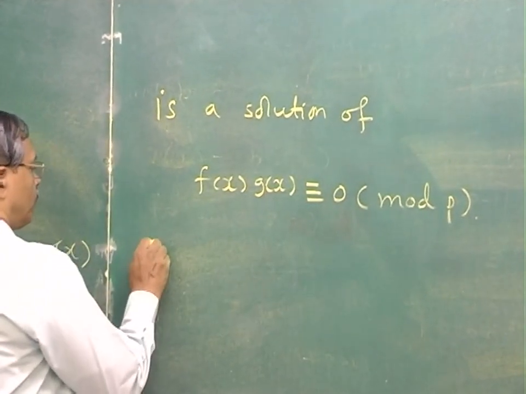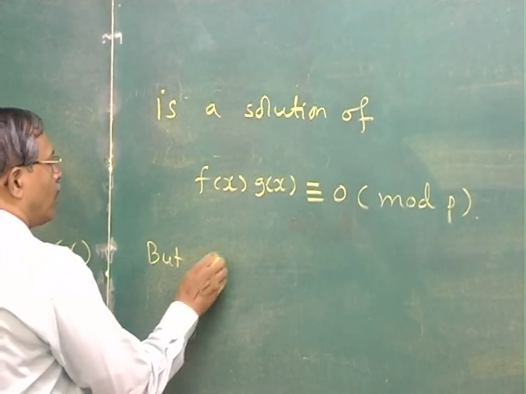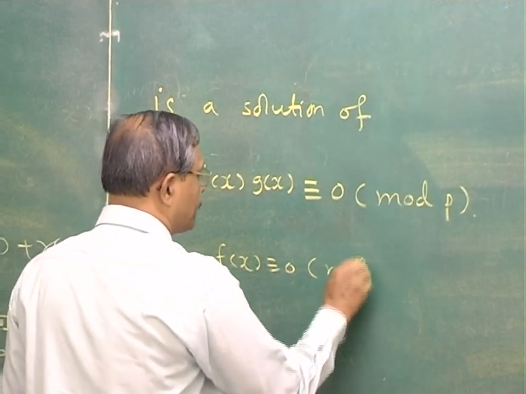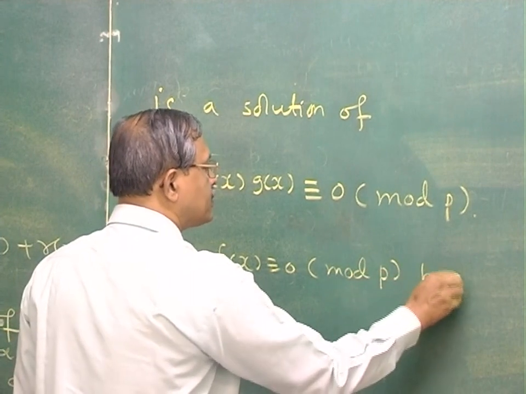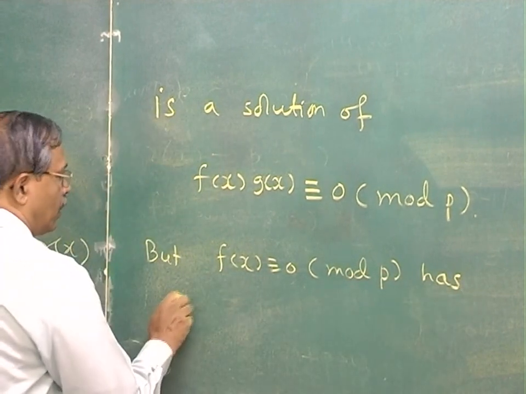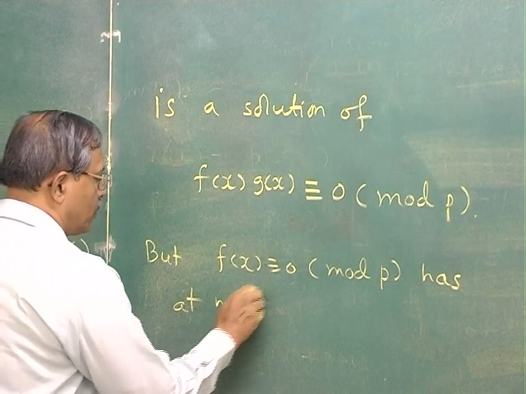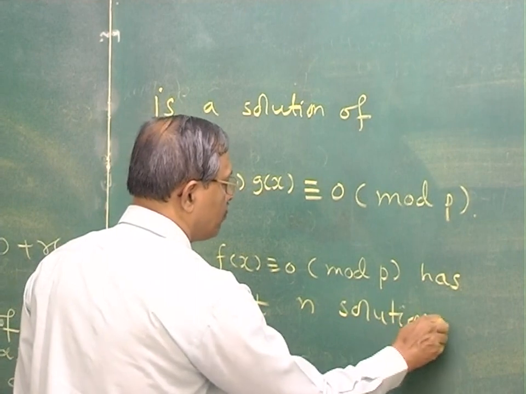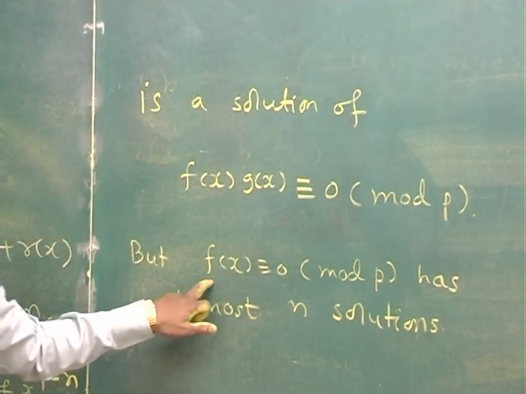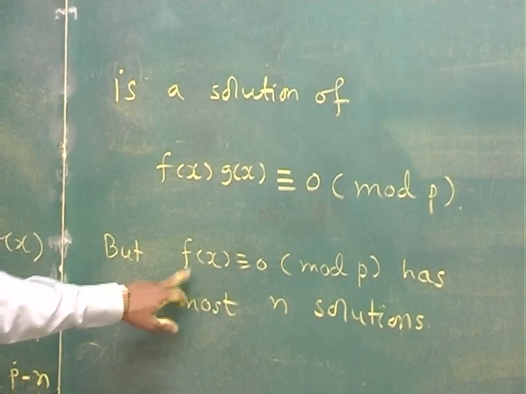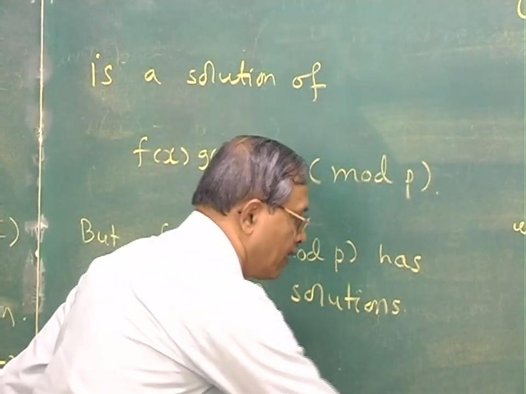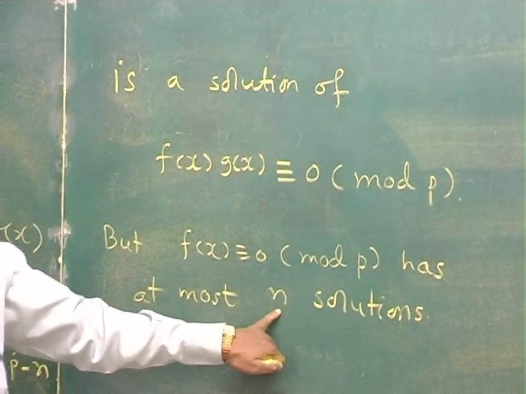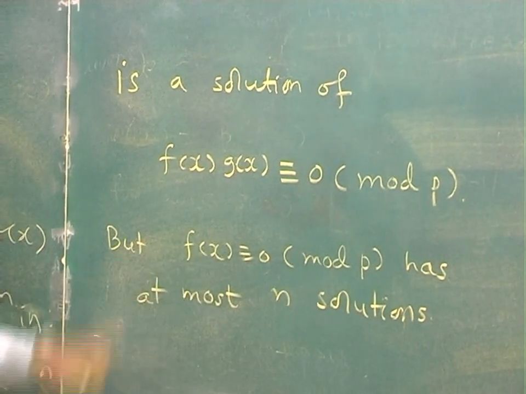But f(x) congruent to 0 mod p has at most n solutions, because f(x) is a monic polynomial of degree n and the modulus is a prime, so this can have at most n solutions because n is the degree of the congruence.